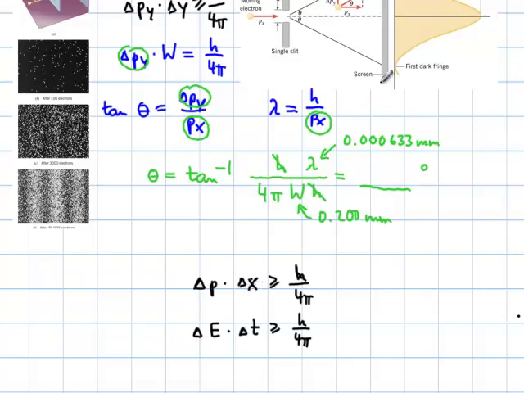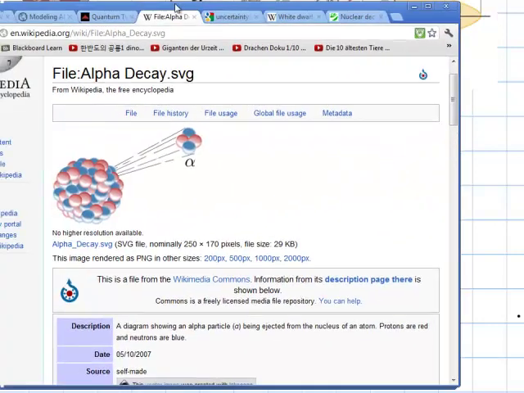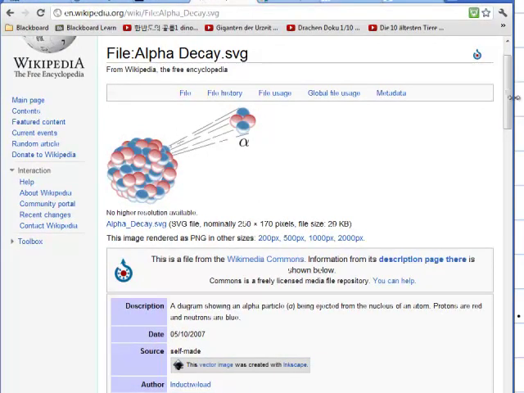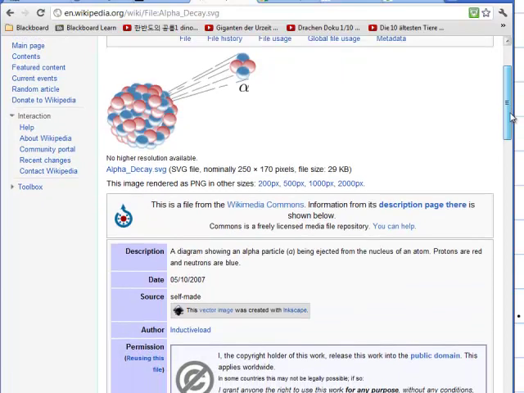This particular problem here was about the spread in an angle, where I used the uncertainty principle for that. The uncertainty principle comes in handy for certain things, for example for the alpha decay of particles.